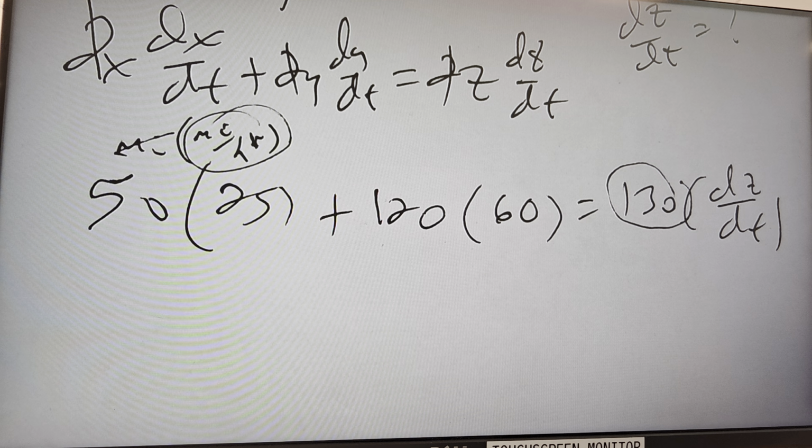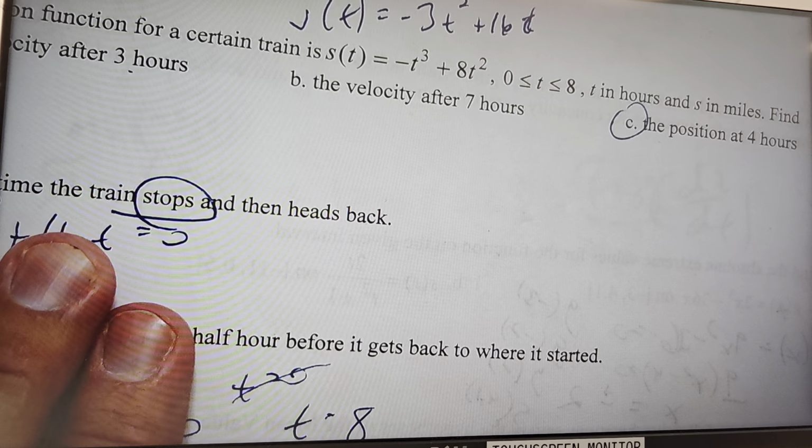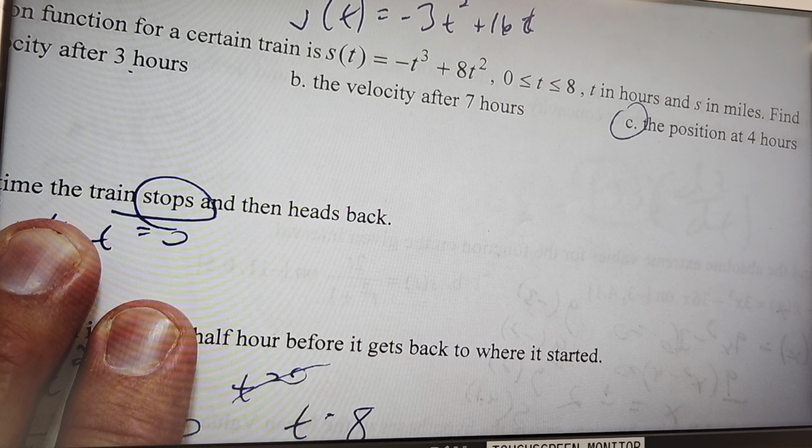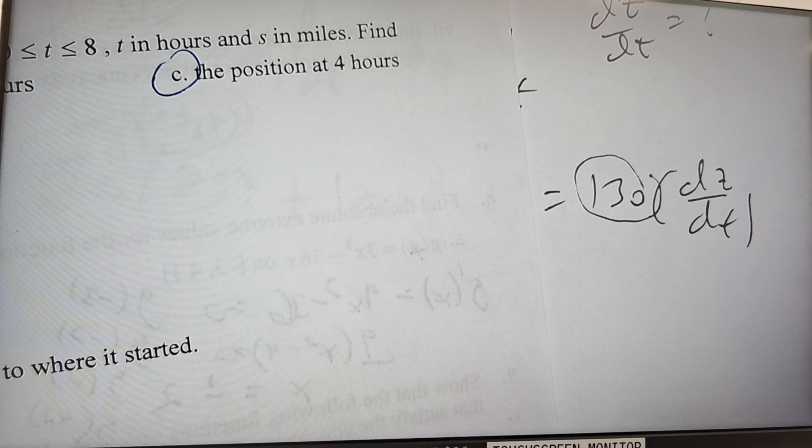With 3D, when it asks what time the train stops and comes back, you would just set it equal to 0. How do you make the train equal 0? The velocity. There it is, okay. Because you have two main functions. You gotta make sure you're making the right one. Stops means speed is 0.